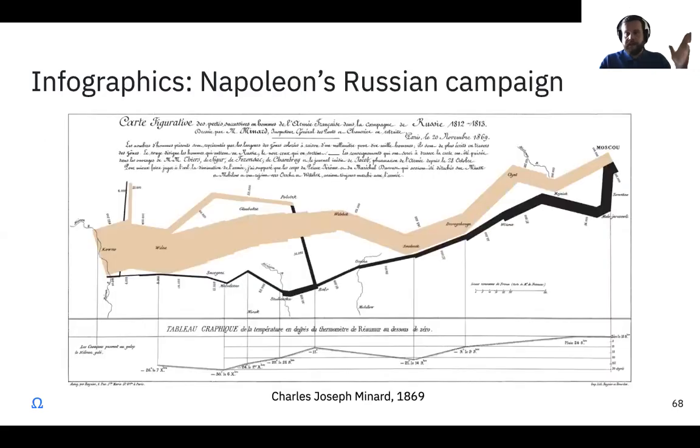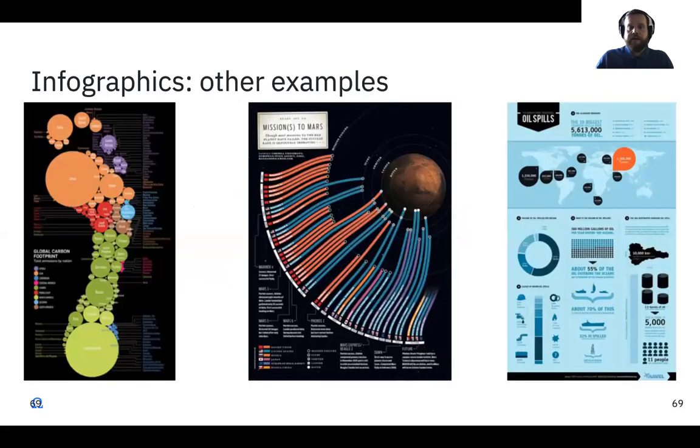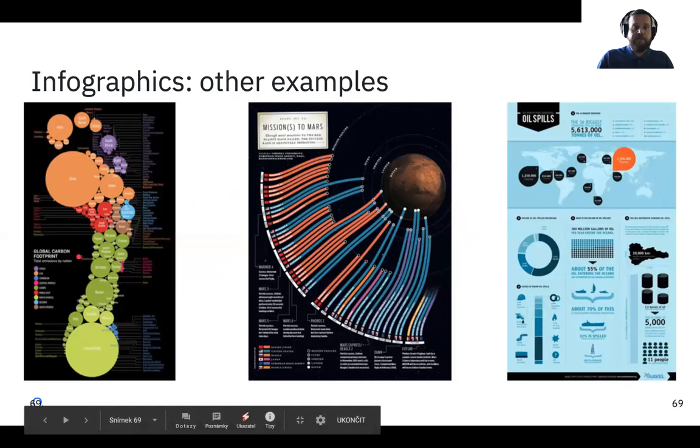So this is, as we discussed, an example of a beautiful infographic, the story of Napoleon's campaign through Russia that we discussed earlier. And here there are other examples of infographics. So you have the global carbon footprint. Each country is proportional. The size of the circle is proportional to its carbon footprint. They're color coded by continent.